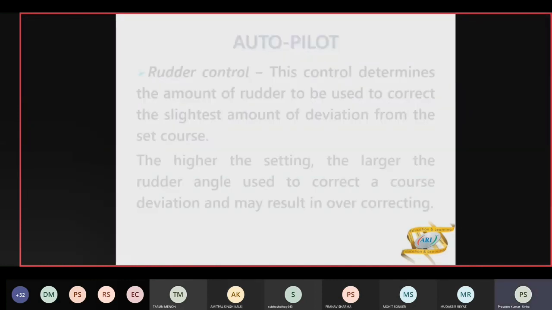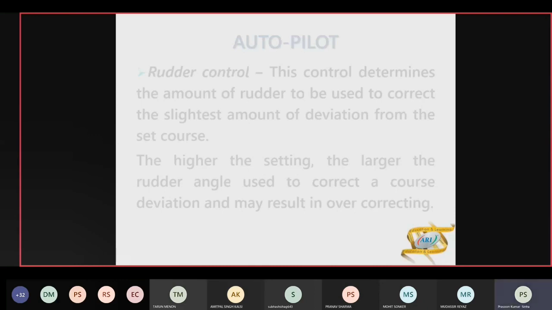Next, rudder control. Ship is doing 320, all right. By some reason she has gone 3 to 3... 1 degree, 2 degree का change हुआ. How much of rudder should be applied?